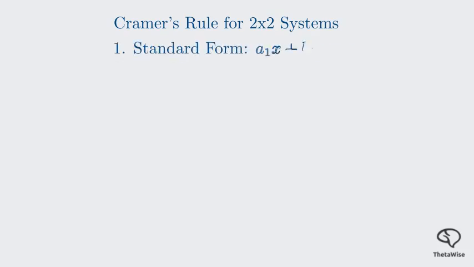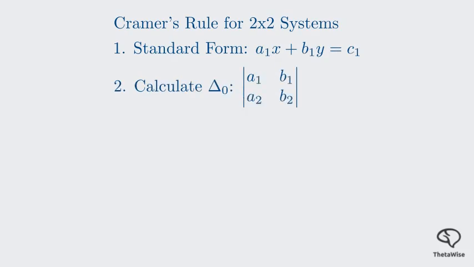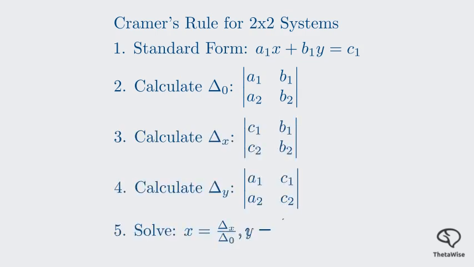To quickly recap what we've learned today, we've explored Cramer's rule. We saw that it's a powerful tool to solve systems of linear equations. It's a 5-step process. You first arrange the equations into standard form, then you calculate the 3 determinants, delta sub 0, delta sub x, and delta sub y, and finally, you apply the rule to find the values of your variables.